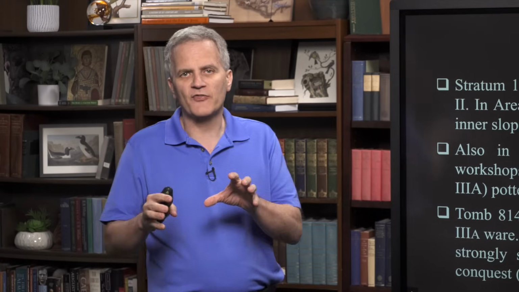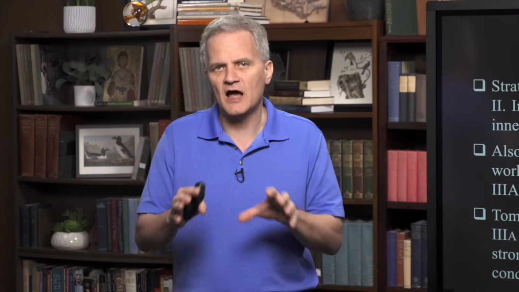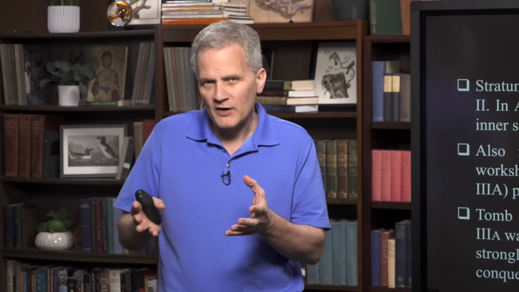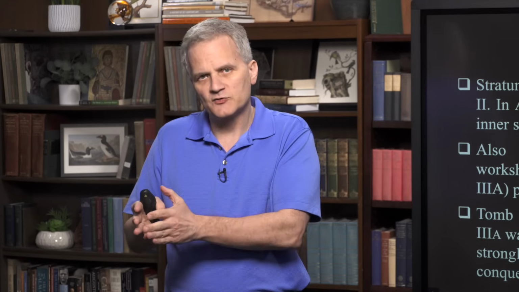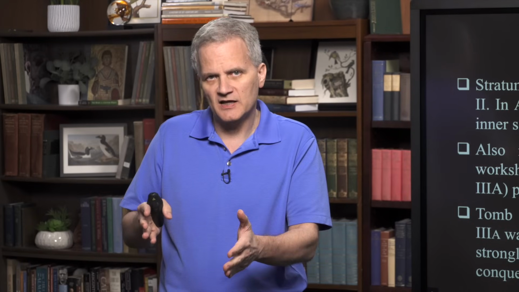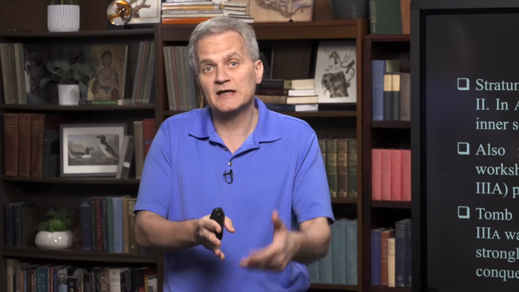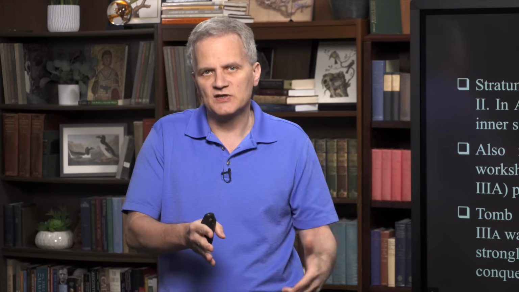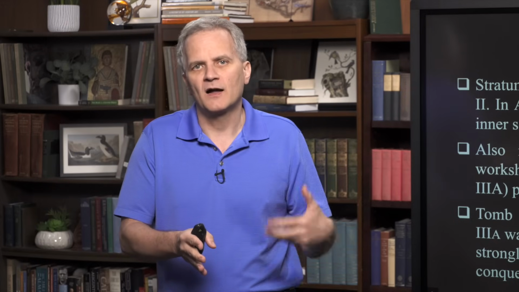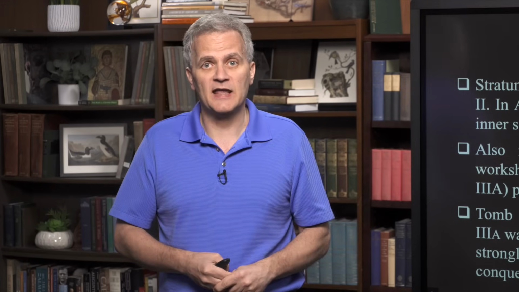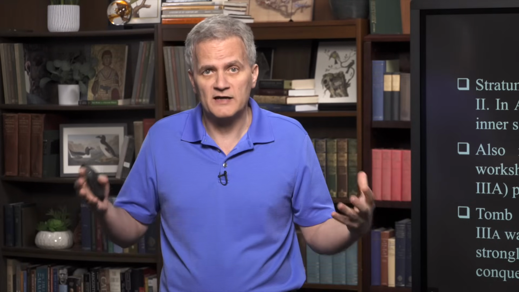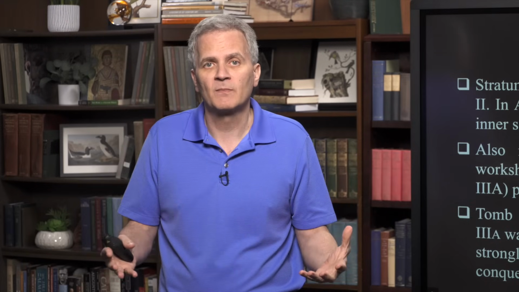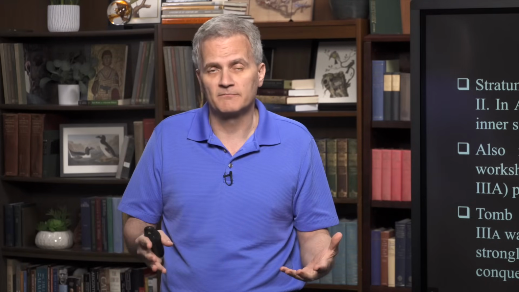So in other words, there was a 30-year period of non-occupation at the site, from roughly 1400 to 1370 BC, and only in about 1370 is it re-inhabited, and then we see signs of culture blossoming at the site again, and it turns into this great city all over again, from scratch this time.